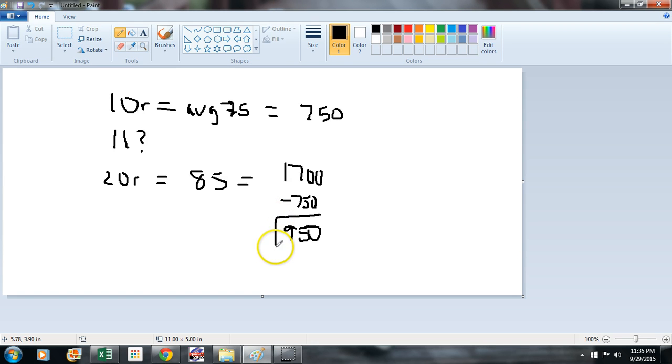So if we need to know what our average is, we'll divide by the last 10 remaining values, and our average for those is 95. And I know that for 9 of these, so 12 through 20, the maximum value that I can have is 100.